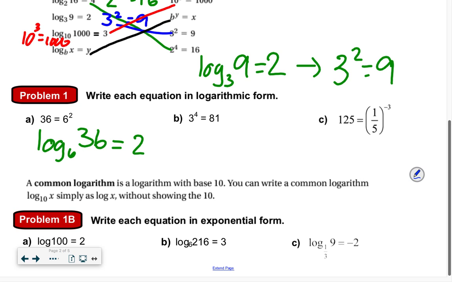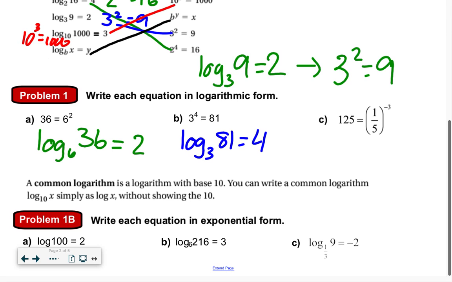If you have a question, you can ask right now. Good. Okay. How would I turn 3 to the 4th equals 81 into a log? Log base 3 of 81 equals 4. You guys agree? Is 3 to the 4th power 81? Yeah. Okay.